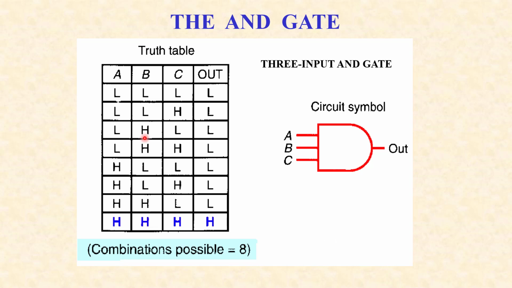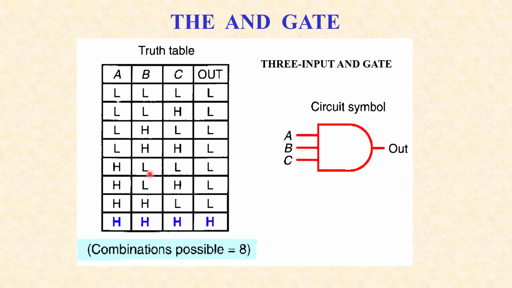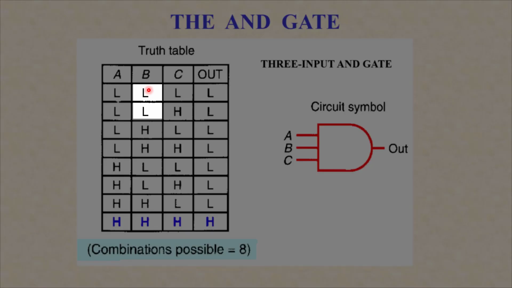Now, what's the easiest way to fill this out, to come up with these different possibilities? The easiest way, if I have 8, is to start in the first column and go halfway down with zeros, or in this case L's, and then do the rest of the column with 1s or H's. Then on the next column, do half as many. So over here I did 4 before I switched.